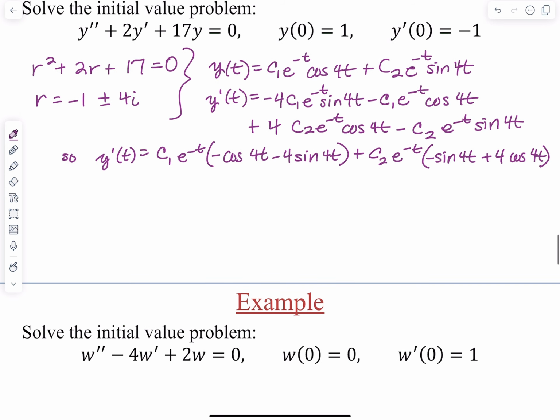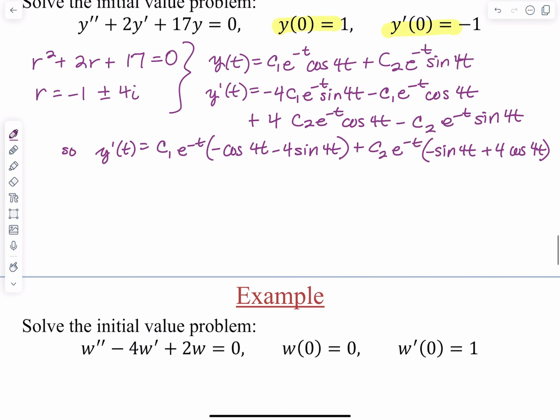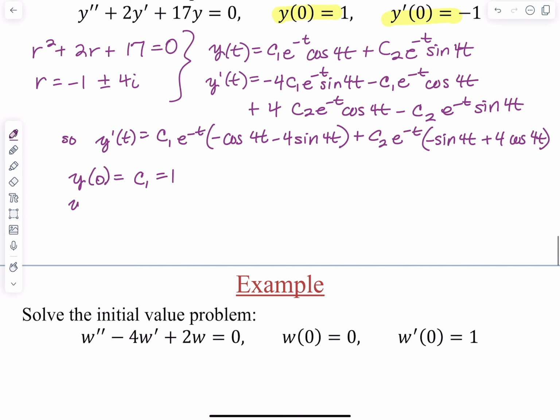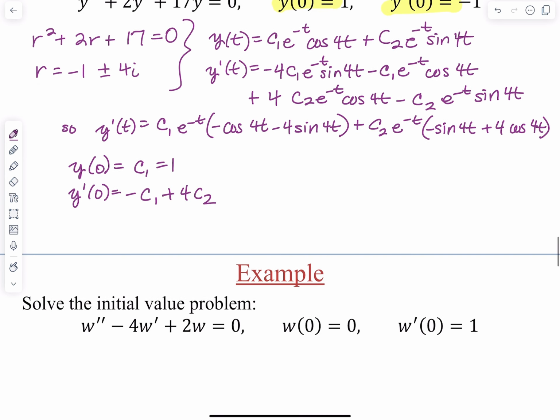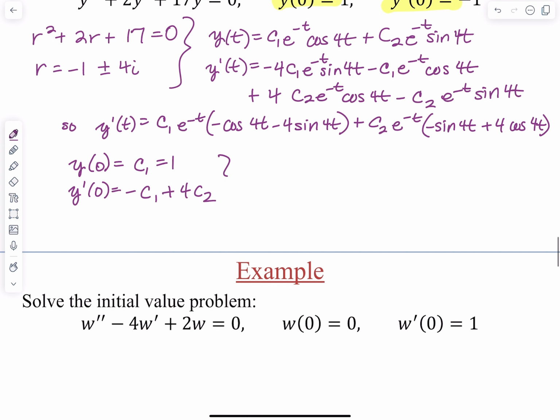So we were given these two initial conditions. So we could see that y of 0 is equal to c1, which is 1. And we can also see that y prime of 0 is the opposite of c1 plus 4c2. And so you can see here that c1 is 1 and c2 will be equal to 0.